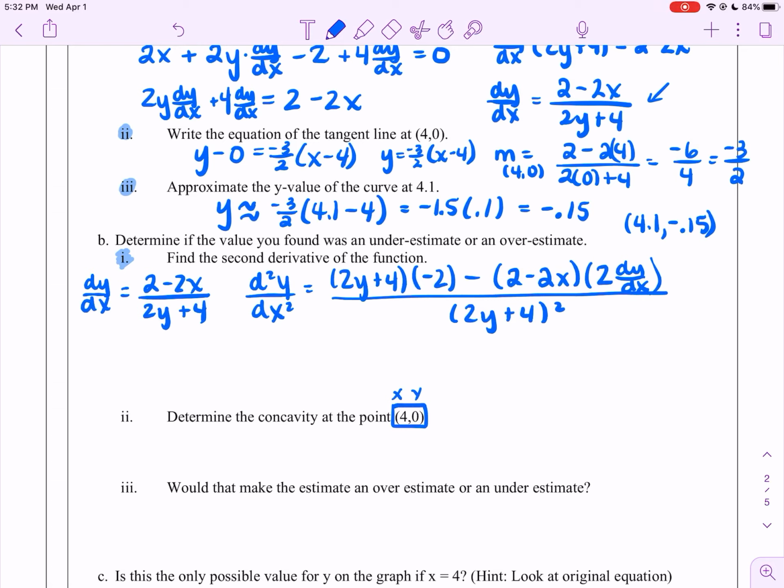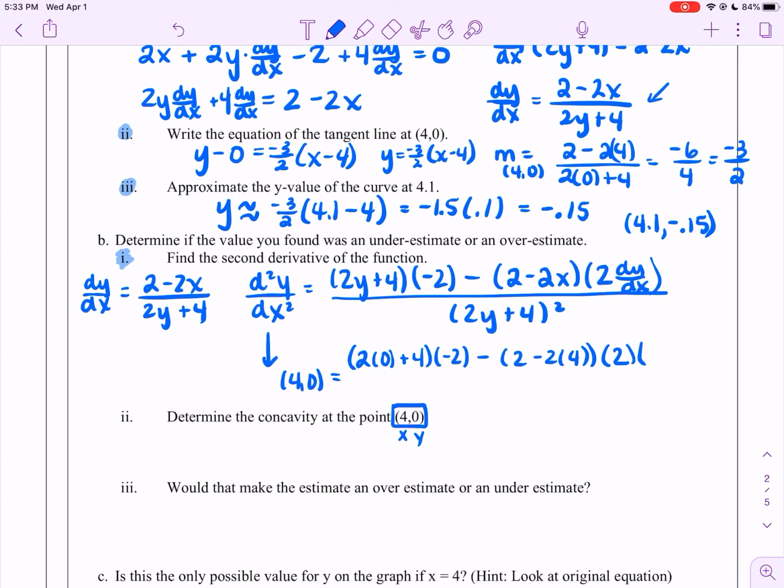So if I want to evaluate the second derivative at the point (4, 0), I'm just going to move those points down so we have a little bit more room. We can say that we have (2 times 0 plus 4) times negative 2, minus (2 minus 2 times 4) times 2, and then times the derivative at that point.